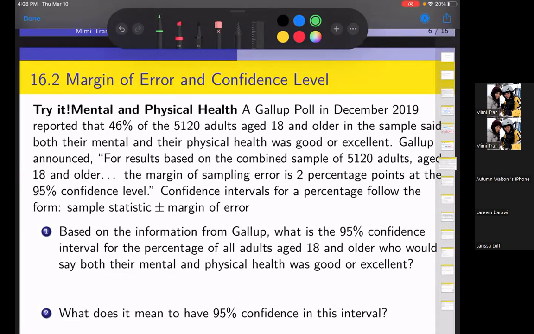I got this one from the book. I don't like it. I'll tell you why. It confused me. But the only reason I include it is because I'm afraid you might see it on the homework, so at least I cover it. But I don't like it.